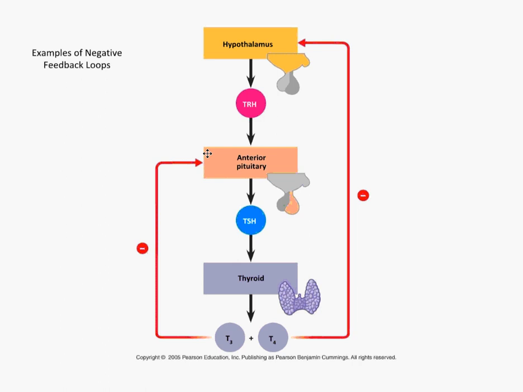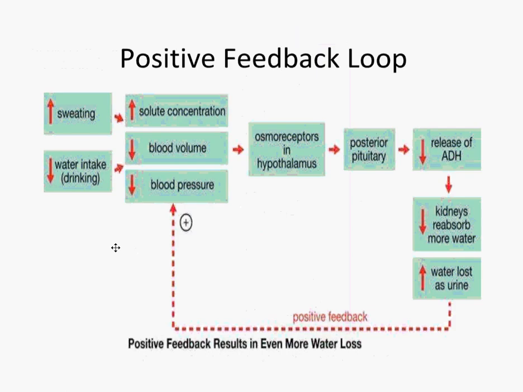There are other examples of positive feedback loops, and there are several in the body. Here's an example where, once the product is produced, it causes you to lose more water. Another feedback loop is the production of prolactin.